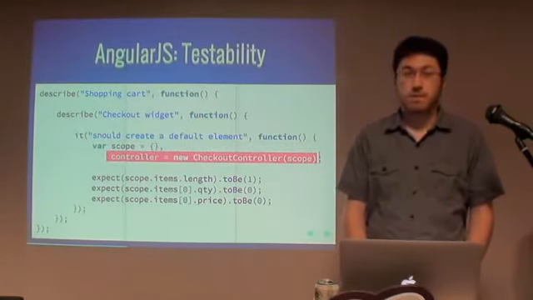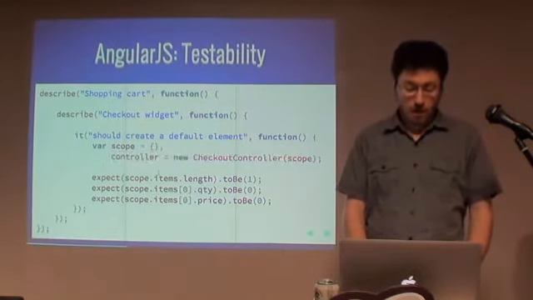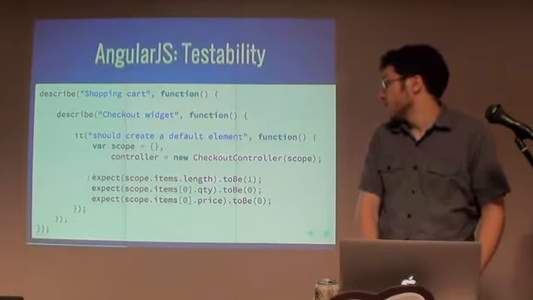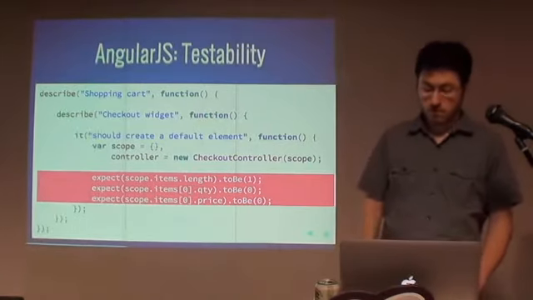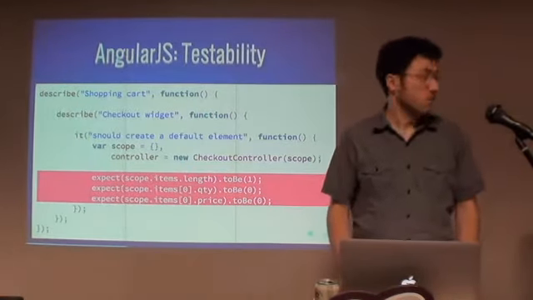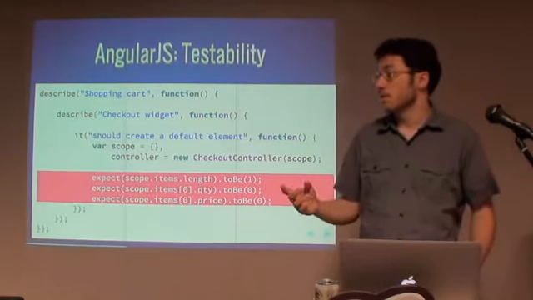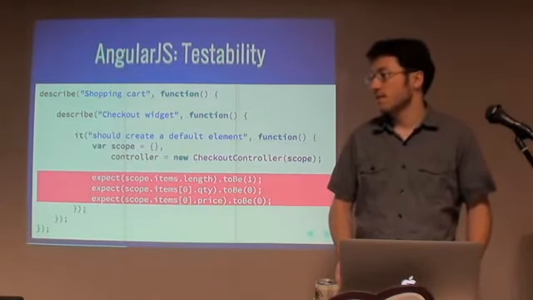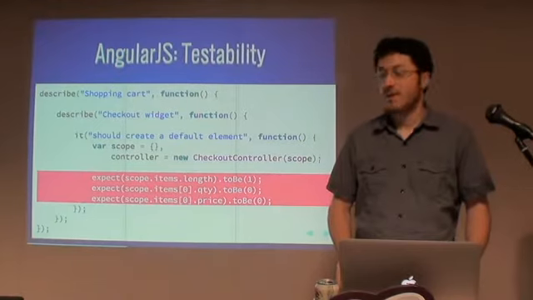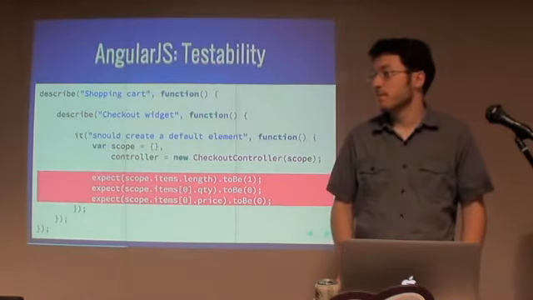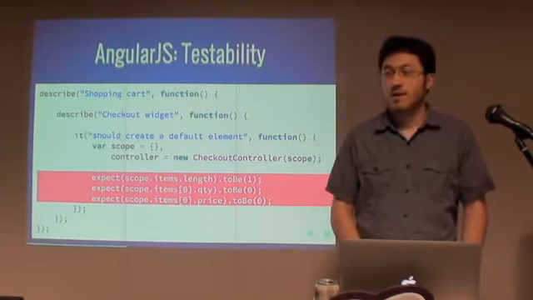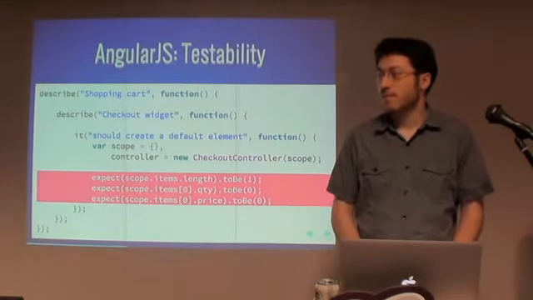After the controller executes, we can test it to see if it has one empty item. Question: is all the code so far client-side JavaScript, including the controller, where the shopping cart calculations are done?